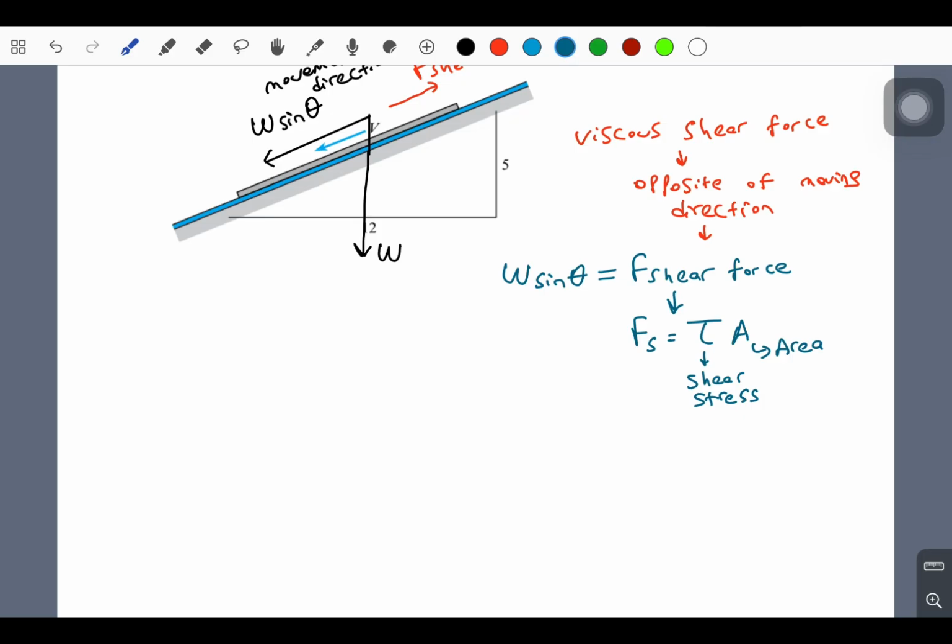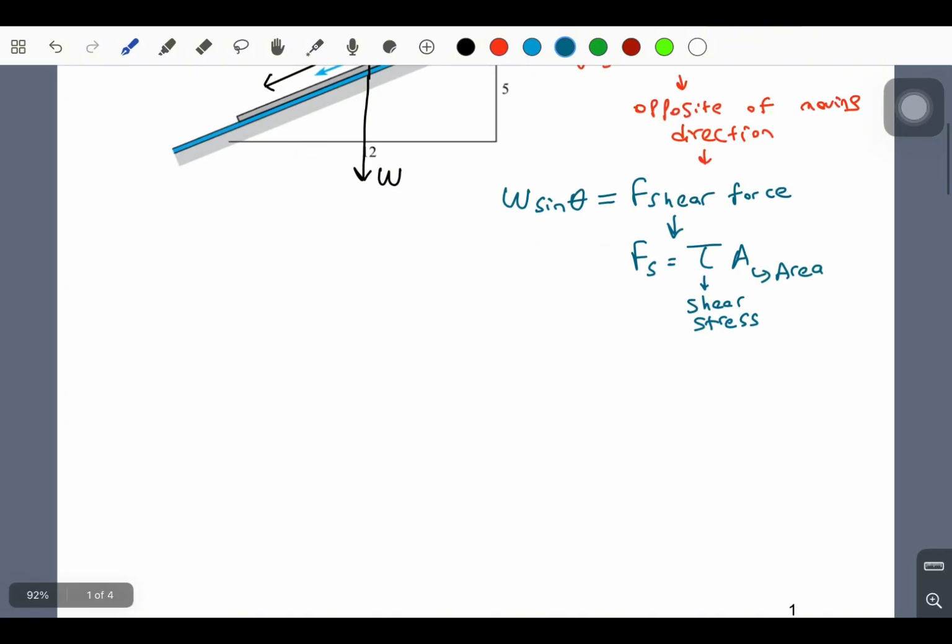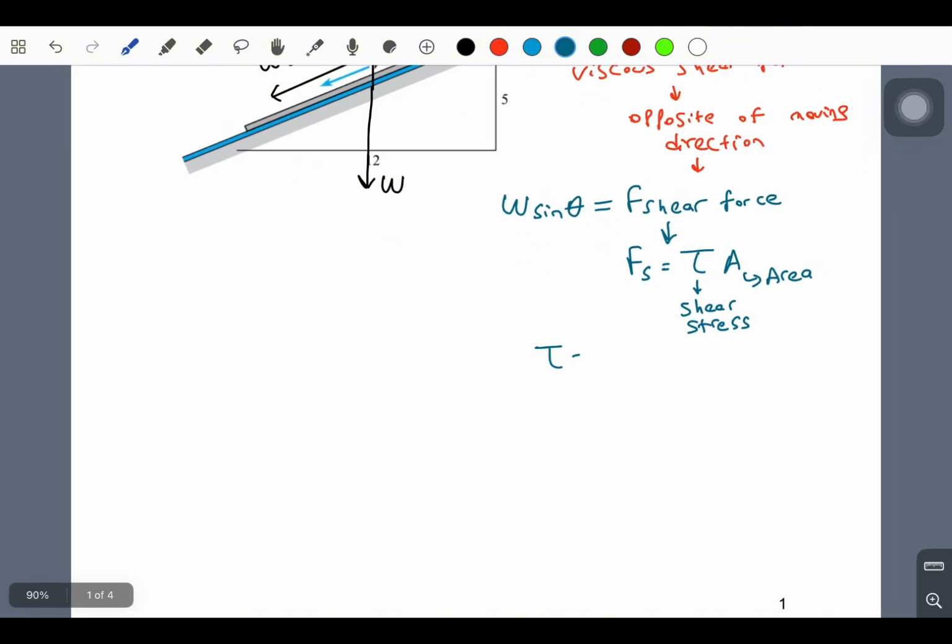So in other words, it is the force on area due to this shear stress. And shear stress is proportional to the velocity gradient, like explained here. And this is actually Newton's law of viscosity.